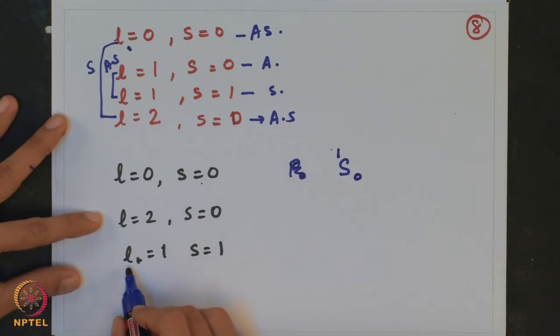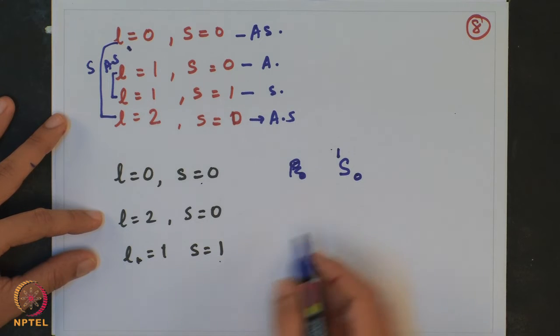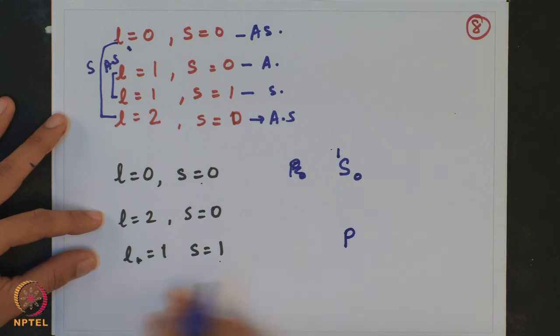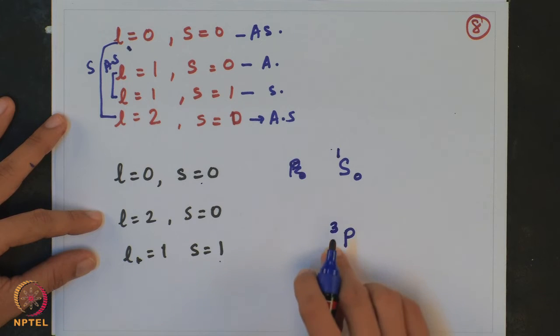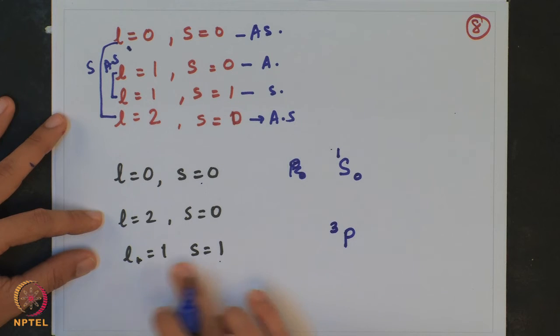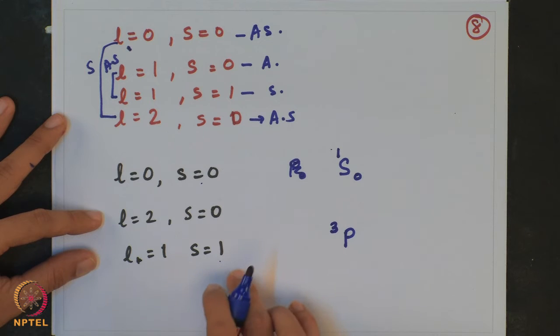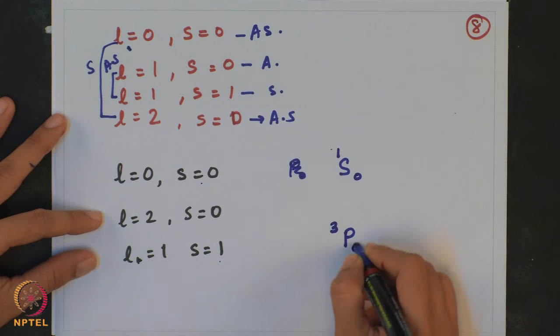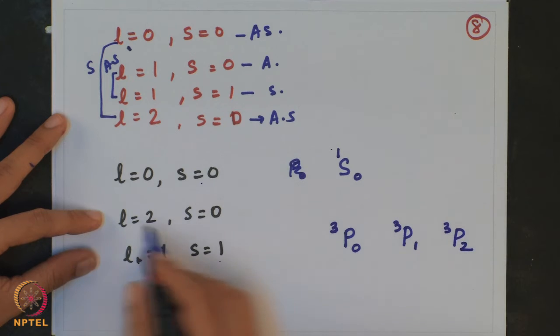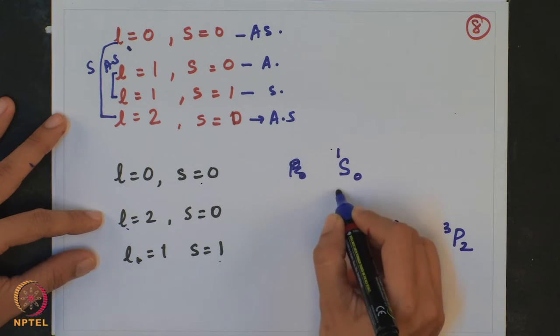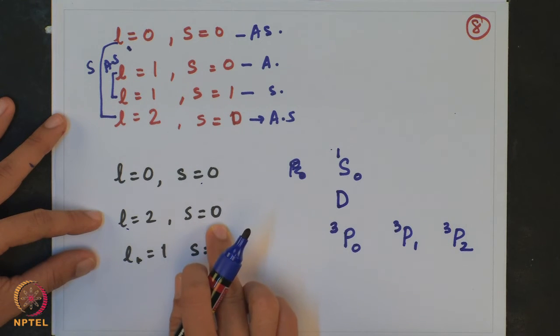Okay. Then you come to L is equal to 1, S is equal to 1. So, there will be a P state and here S is 1, so this will be 3. The combination for J can be 0, 1 or 2. So, I will write here 3P0, 3P1, 3P2. Similarly, for this combination you can have only one possibility.